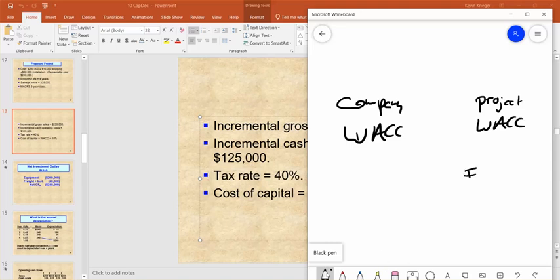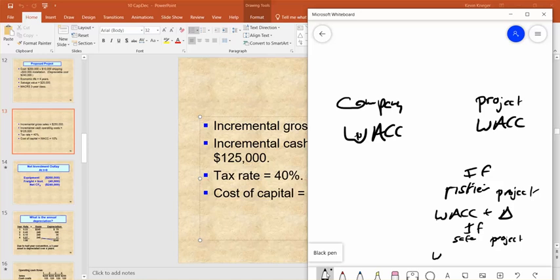And if you have a riskier project, then you don't just use the standard company WACC. You'd use this company WACC plus some incremental amount. And if it's more conservative, a safer project, then rather than just using the full WACC, you might deduct a little bit.